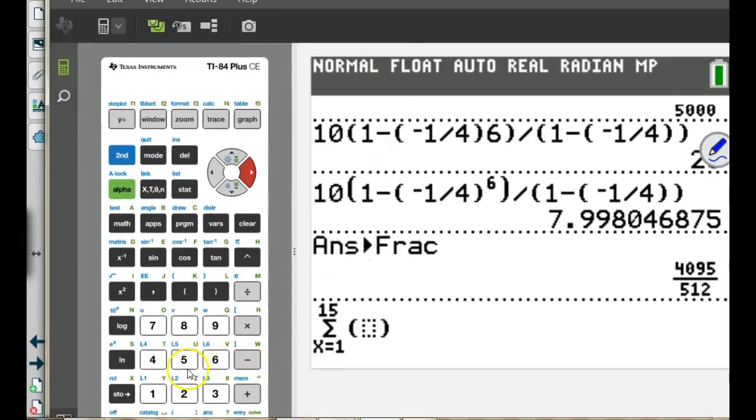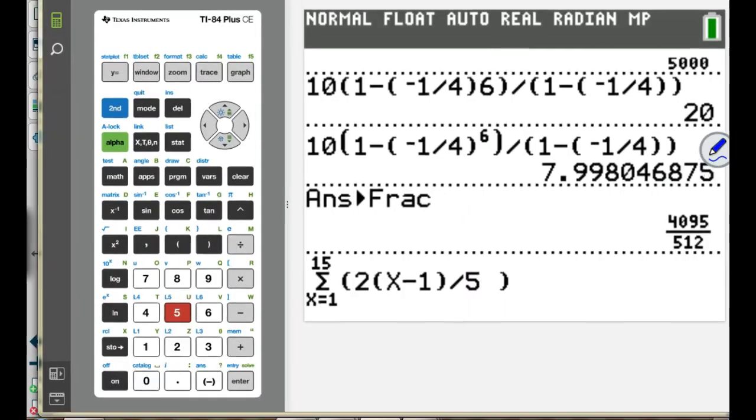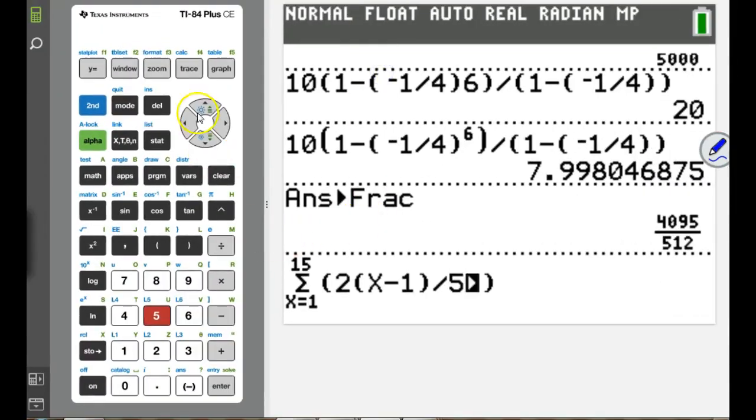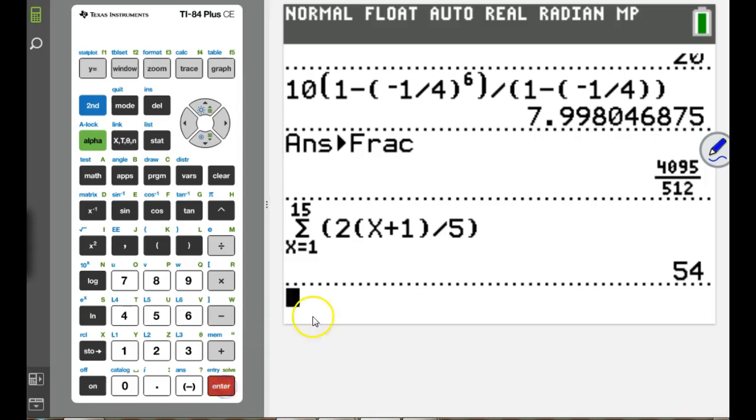And then it was 2x minus 1 divided by 5. Is that what it was? X plus 1, right? So 54. And you could have generated all the terms, but that would have been a pain in the neck for 15.